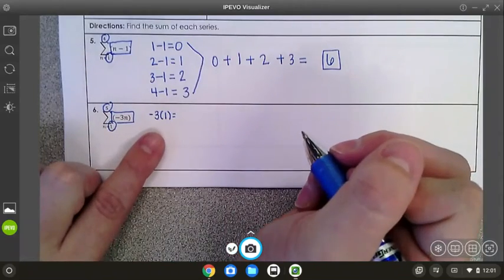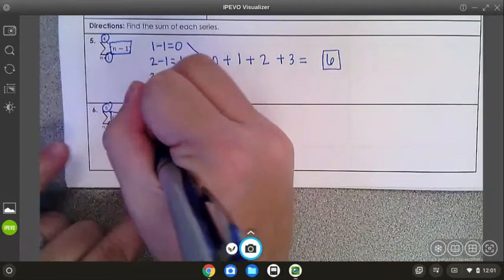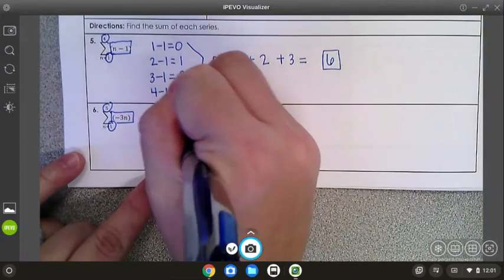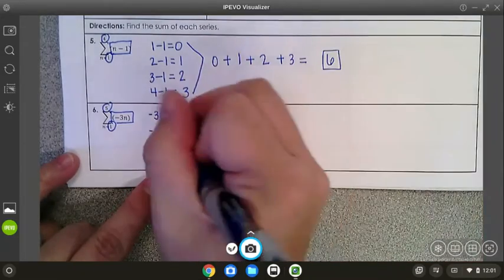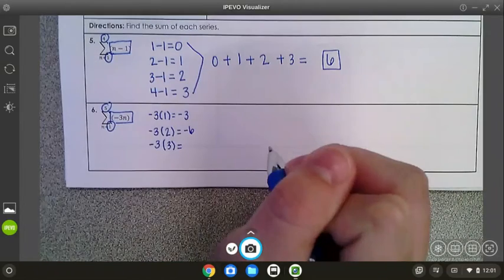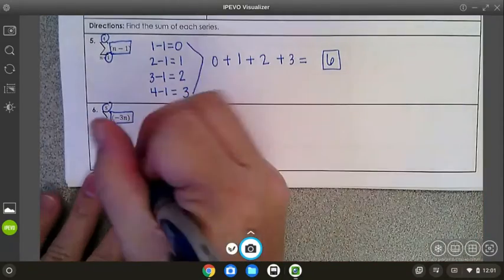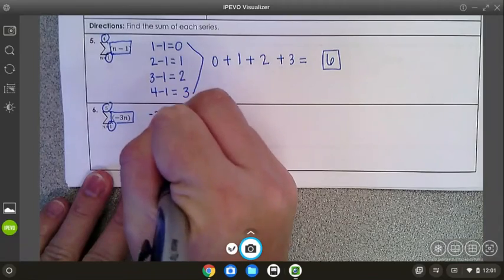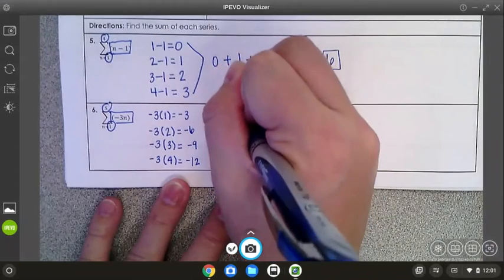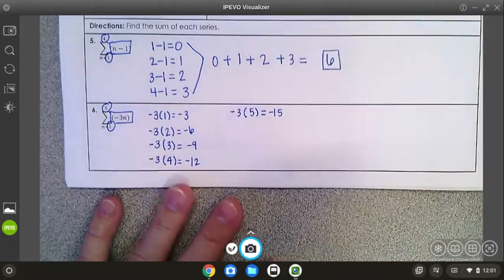So -3 times 1 is -3. -3 times 2 is -6. -3 times 3 is -9. -3 times 4 is -12. -3 times 5 is -15.